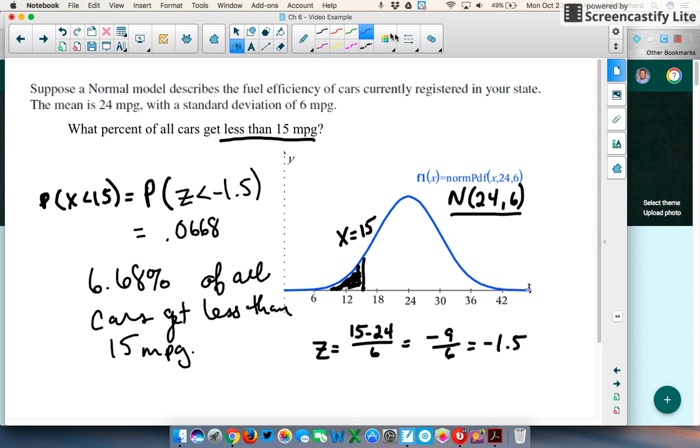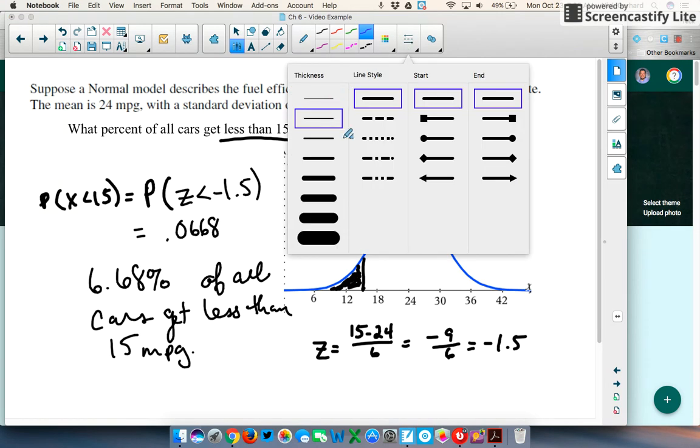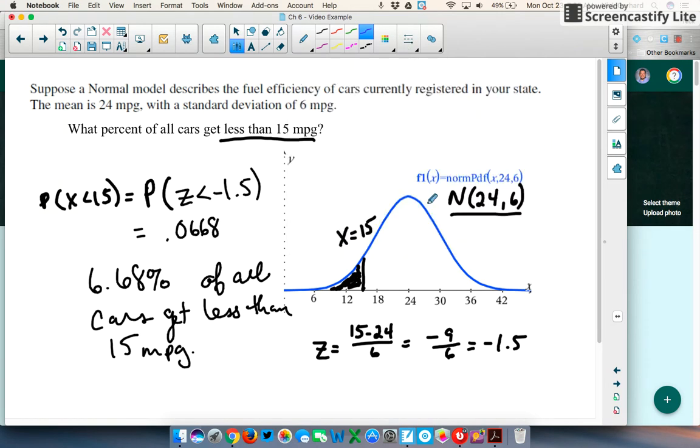All right, so we have a couple things here. I want to make sure that you take note of this because it's very important. We have these on every setup. We have to have our parameters, and that leads to a drawing. Once we have our parameters on our drawing, then we need a boundary point. We can do that in the drawing, but we can also do it with our probability statement.